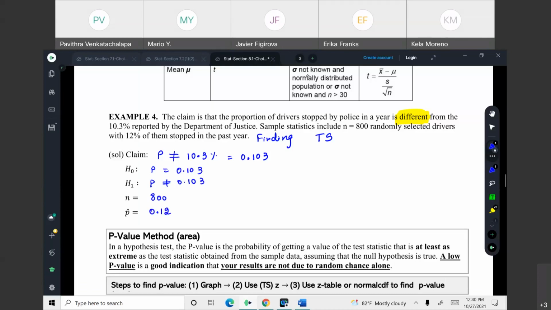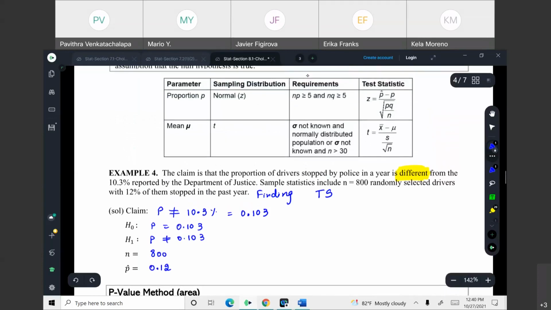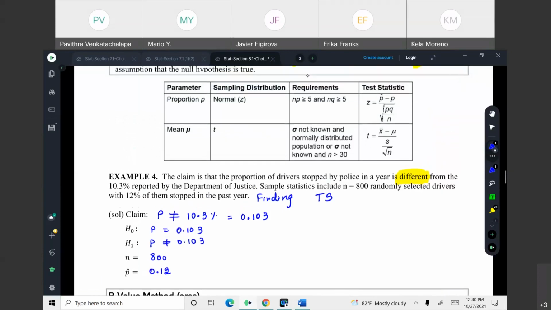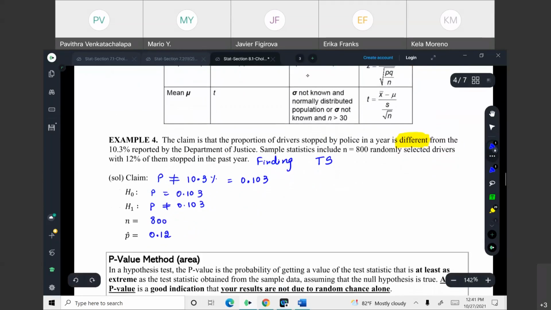Okay. Now we need to find the test statistic. We have two formulas. Which formula do you choose? The first one? How many say first one? Okay. Why is that?